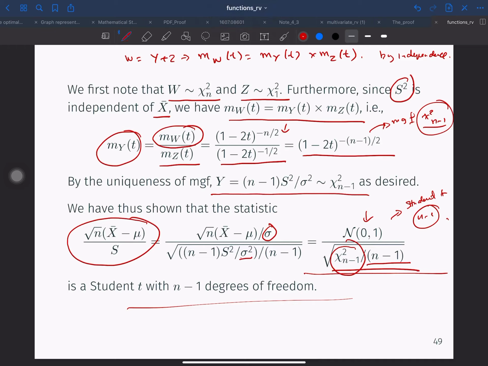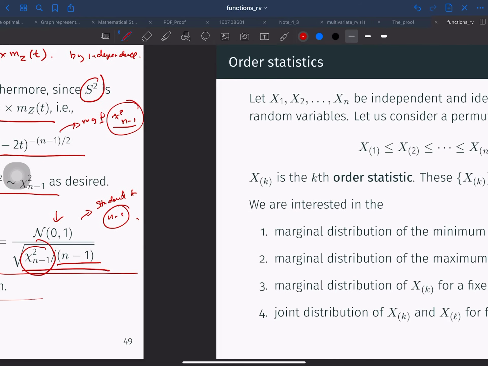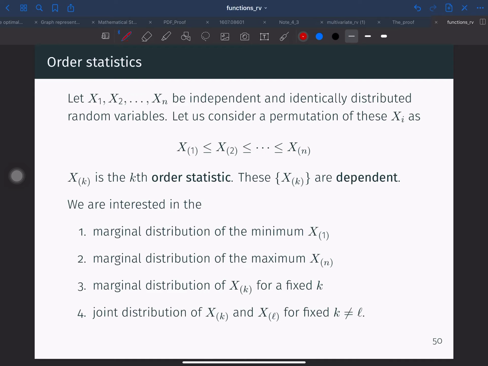Okay, so that will be the end of the discussion of roughly all that is necessary to derive the distribution of functions of random variables. So now let us move to the last topic of 421, and that is order statistics.